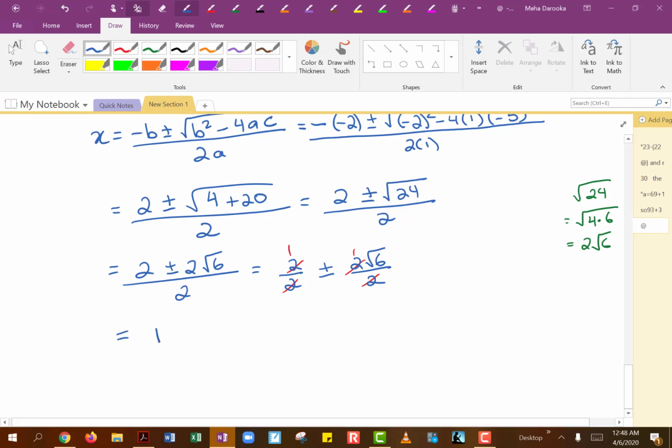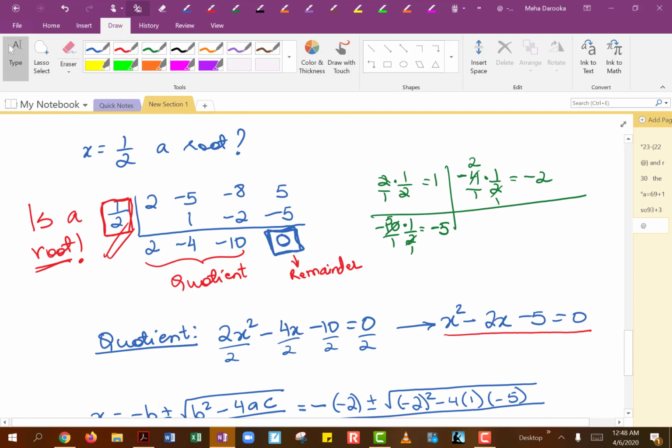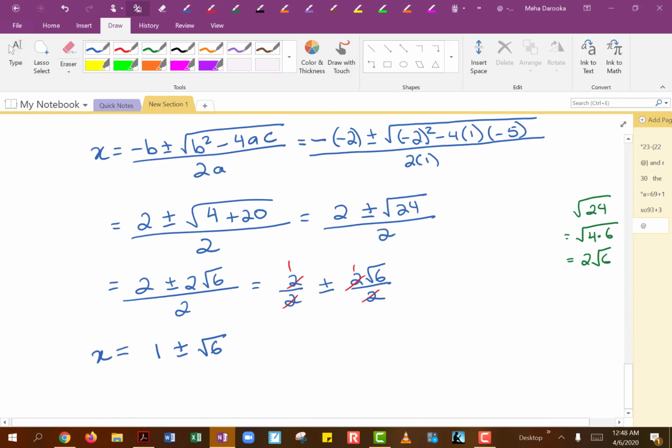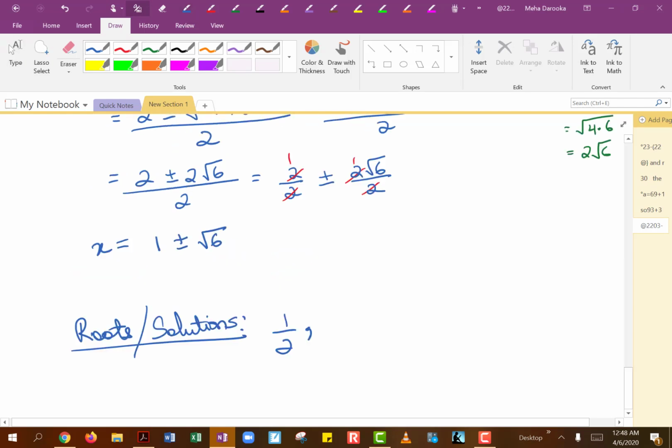So you're actually getting 1 plus or minus square root of 6 as our 2 other roots. So we've got positive 1/2 from here. So our final roots, or you can think of these as your solutions, are going to be positive 1/2.